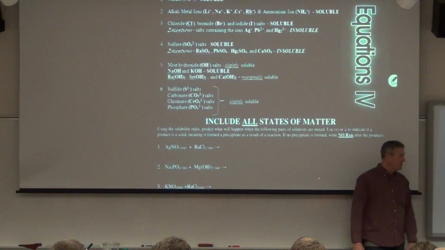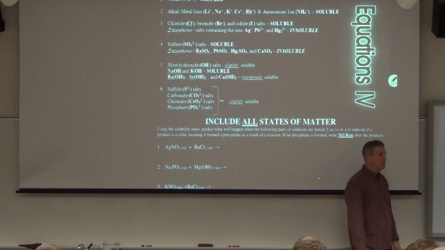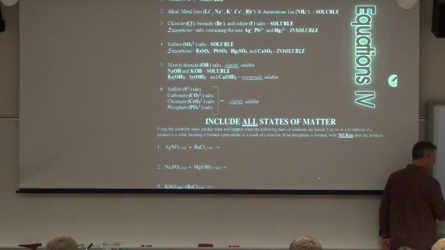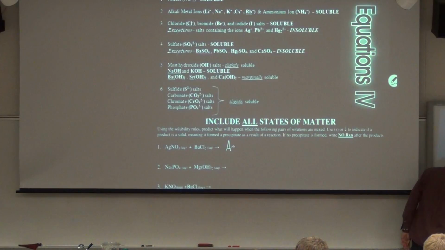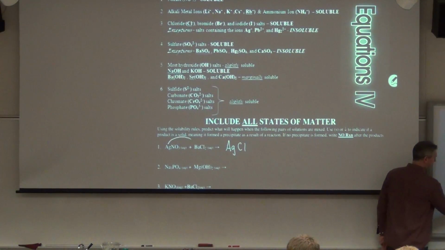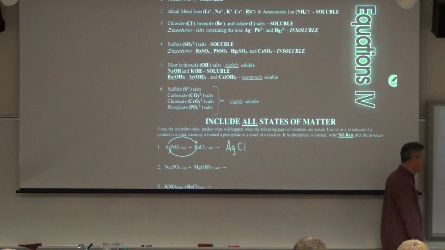Silver nitrate and barium chloride. First thing we do, do our double switcheroo and write our new compounds. So our silver goes to our chlorine, our barium goes to our nitrate.